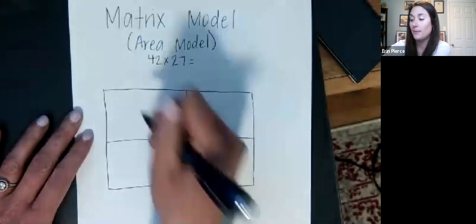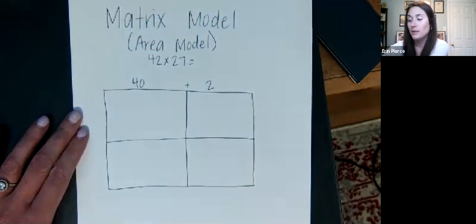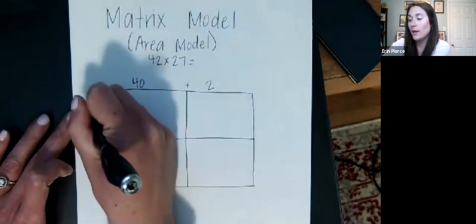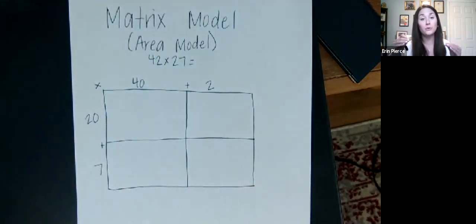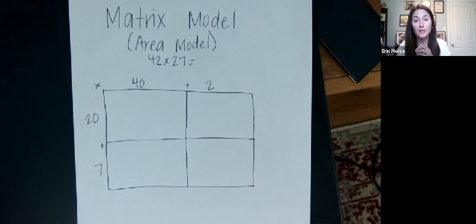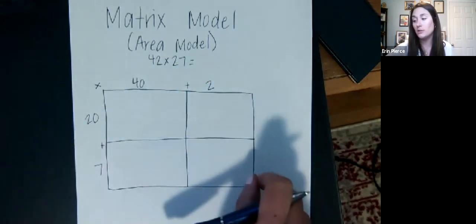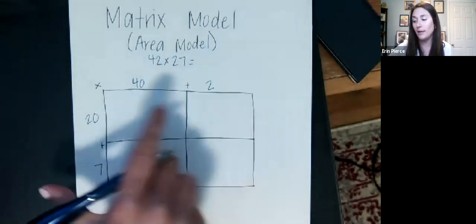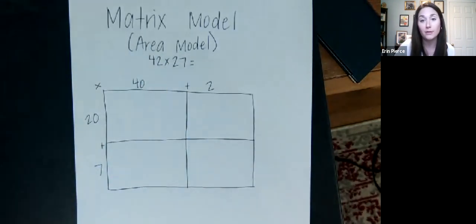So across the top, I'm going to have 40 plus 2 times 20 plus 7. I've broken those two into smaller pieces, okay? And just like we did on the area model, we're going to be multiplying by each box and then adding up our answers, okay?